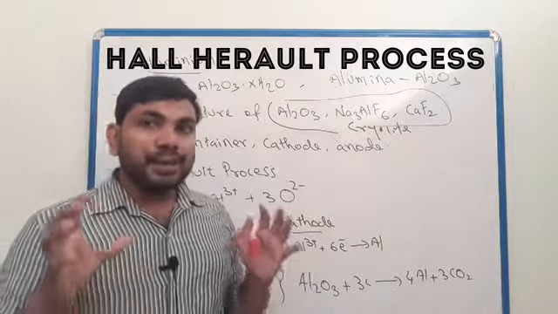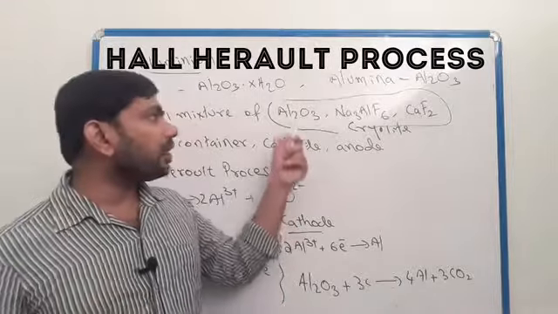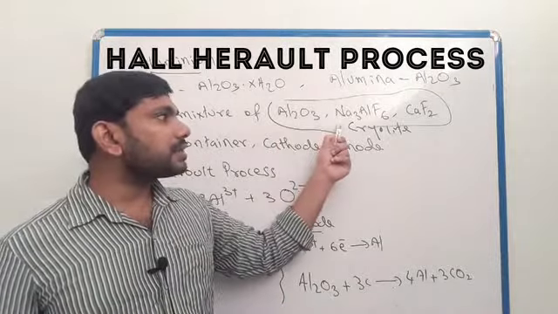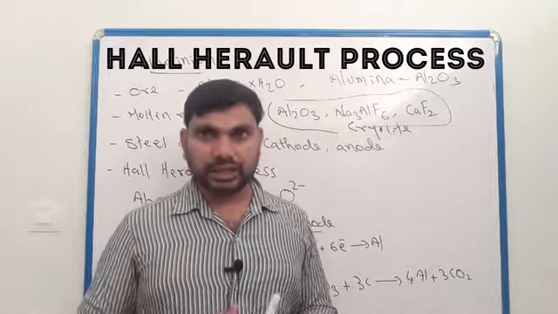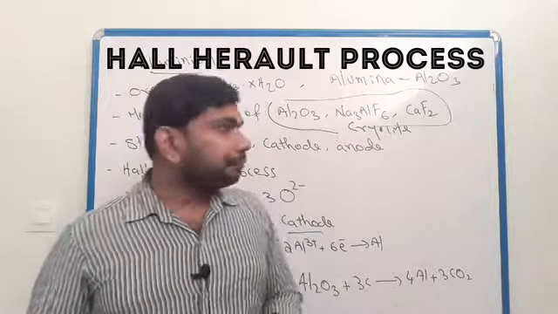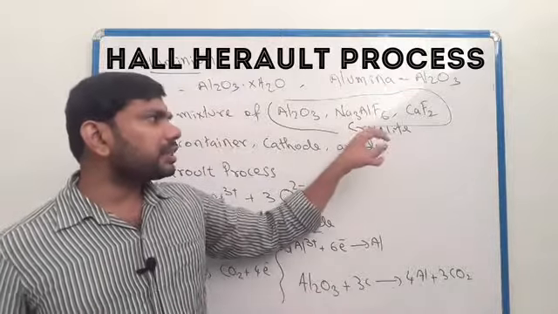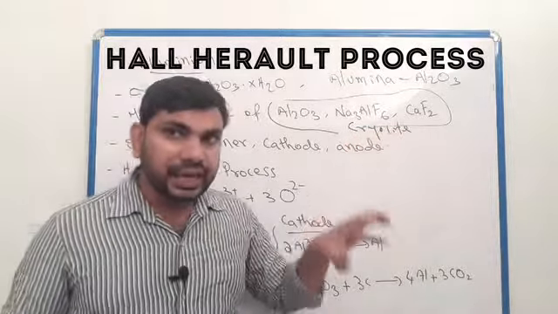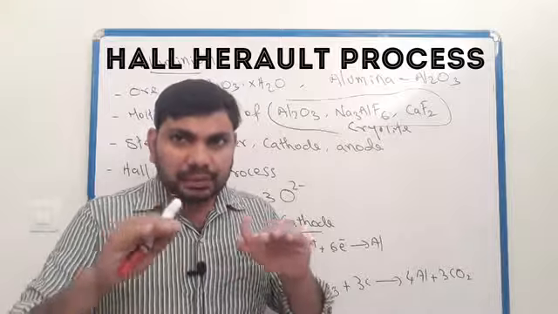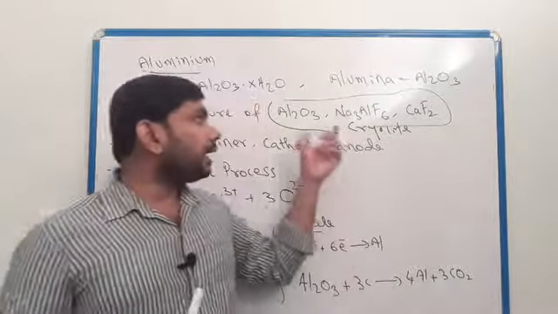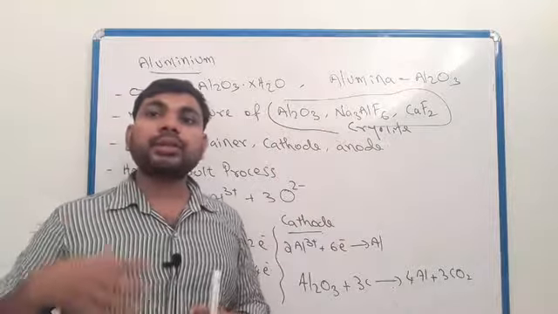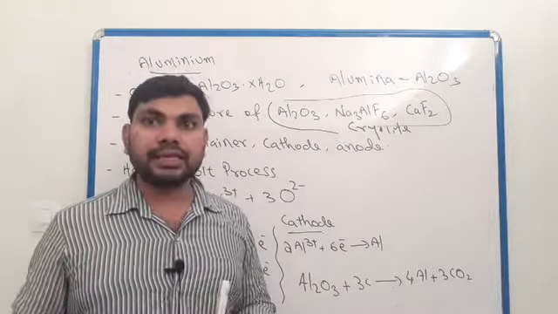So a molten mixture of alumina, cryolite and calcium fluoride is used as electrolyte. The Na3AlF6 and CaF2 help to reduce the melting point of alumina. Actually, alumina has a melting point of more than 1500 degrees Celsius.